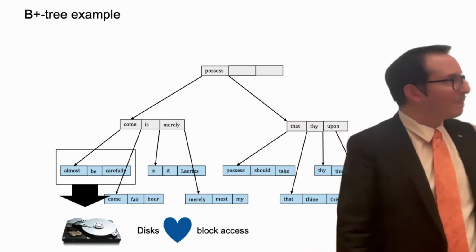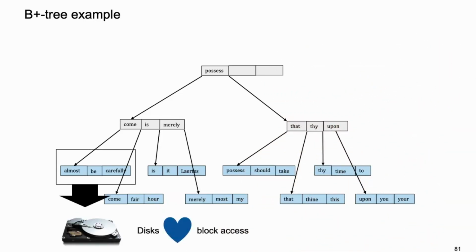Now, the problem with B trees and B plus trees is that it's not a standard definition. There is not a unique way of doing that. If you look at plenty of places like textbooks or Wikipedia or implementations, you will see that there is no standard uniform definition in terms of how you build them or parameterize them.